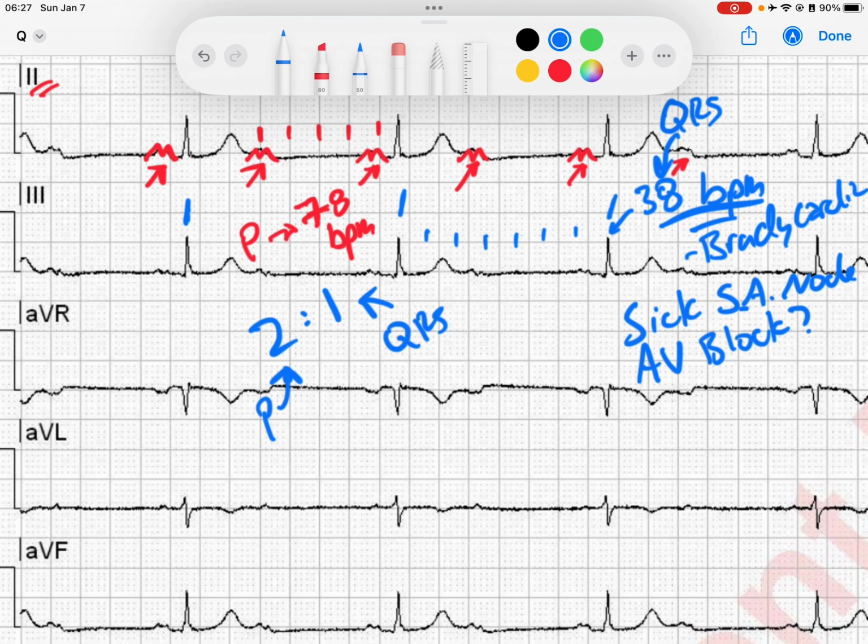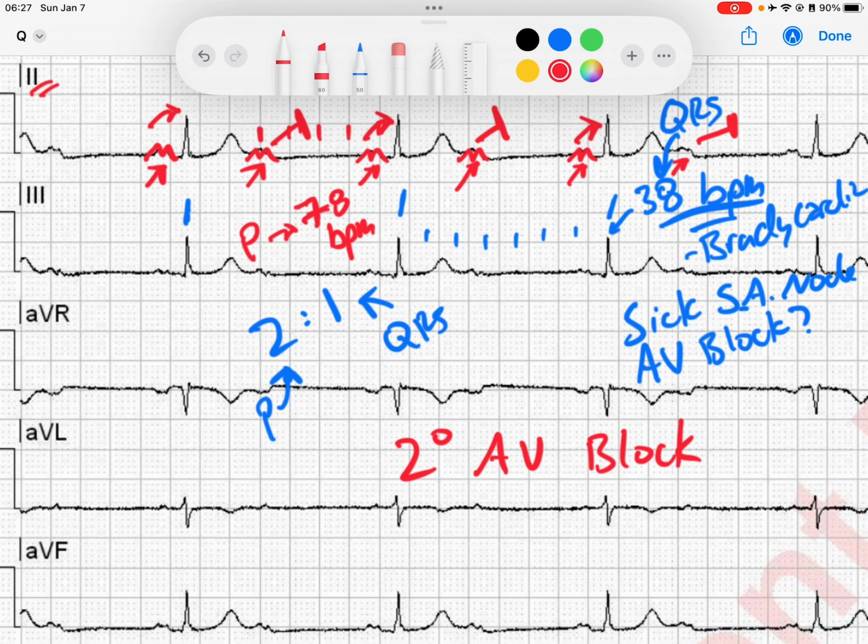In this case, some of them do, so we can automatically know that this is a second-degree AV block, because we see that this P wave conducts to our QRS, this P wave conducts to a QRS, but these ones don't. These ones don't. These ones don't. And so some of them conduct, some of them are blocked. This is a second degree.